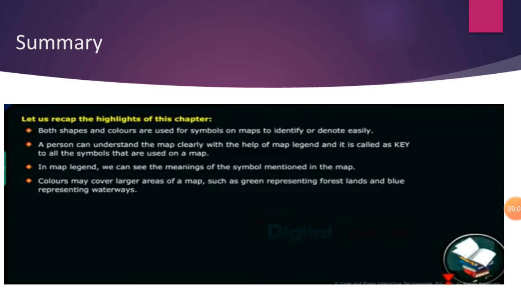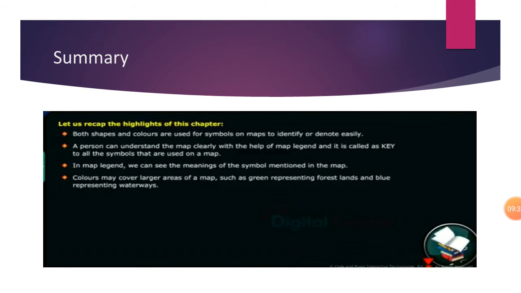A person can understand the map clearly with the help of the map legend, and it is called the key to the symbols that are used on a map. In the map legend, we can see the meanings of the symbols mentioned in the map. Colors may cover larger areas of a map, such as green representing forest lands and blue representing water waves.